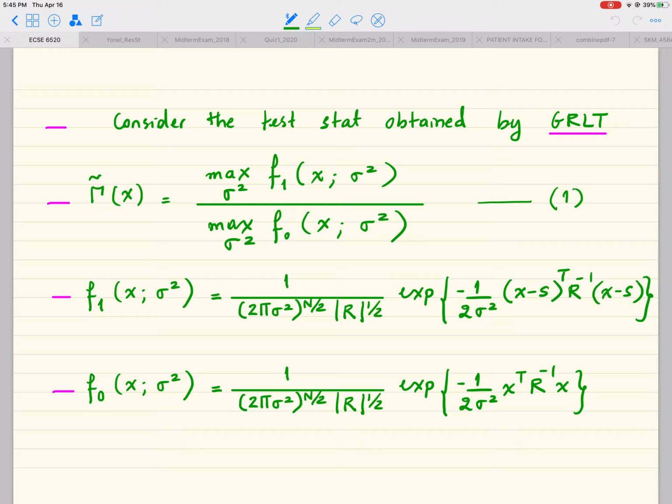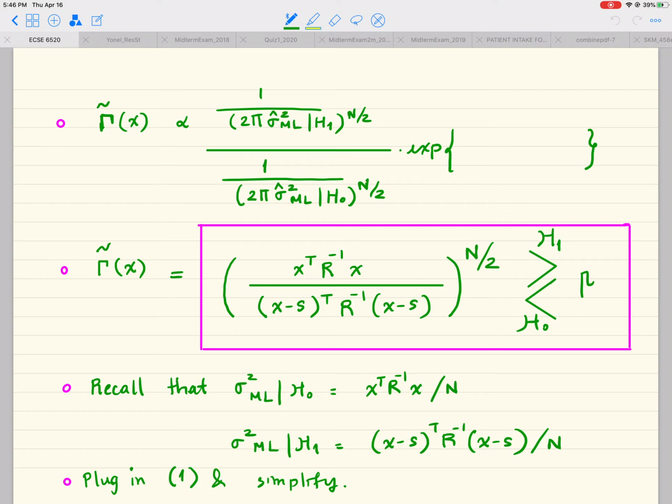So here is the conditional distribution of our measurements under the alternative hypothesis. It's Gauss with mean S and covariance sigma squared times R. And here is the distribution of our measurements under the null hypothesis. Again, it's Gauss with zero mean and covariance sigma squared times R.